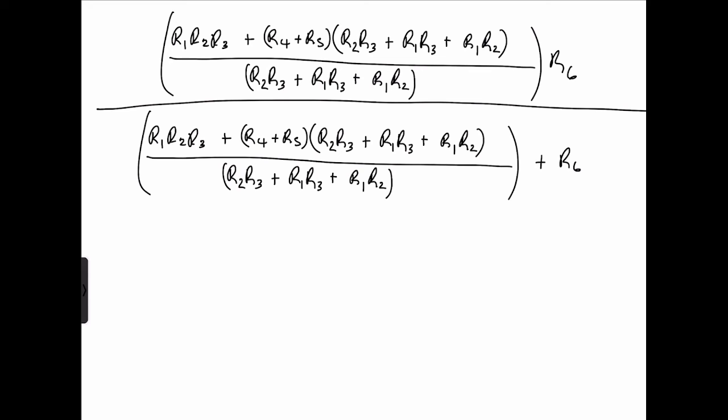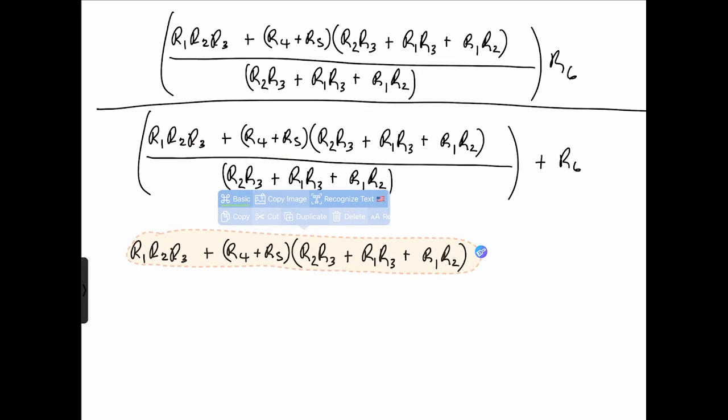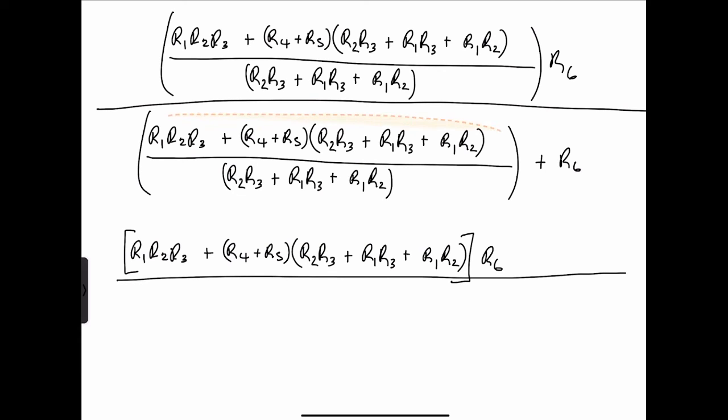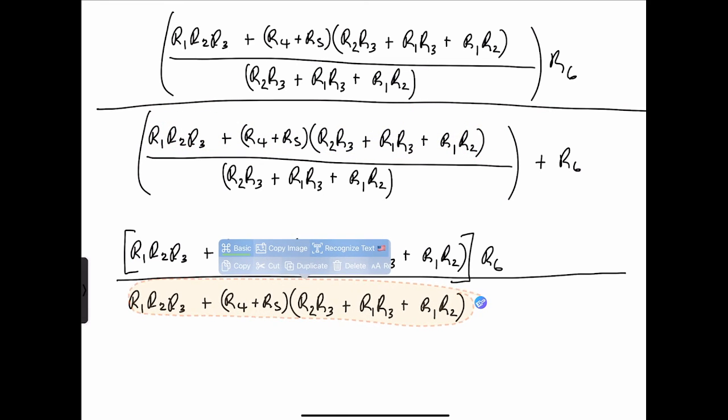We can still just use our duplication tool. Duplicate that. So then the numerator, and this is going to be R6, all divided by the following.